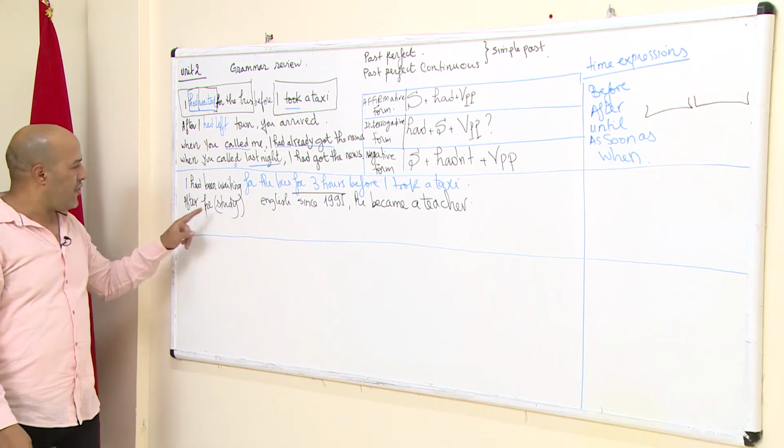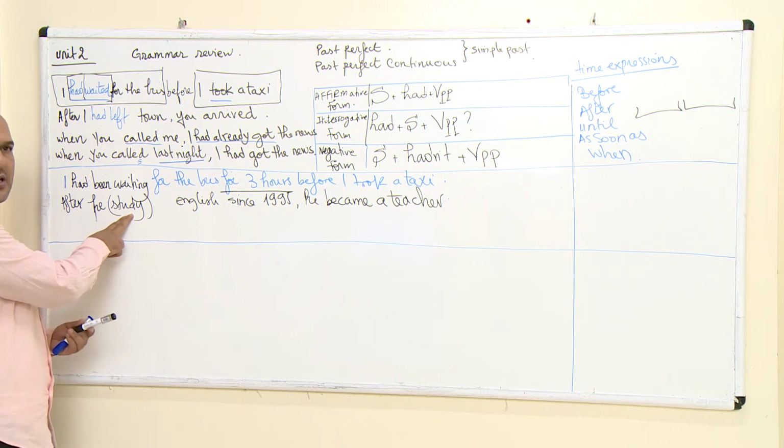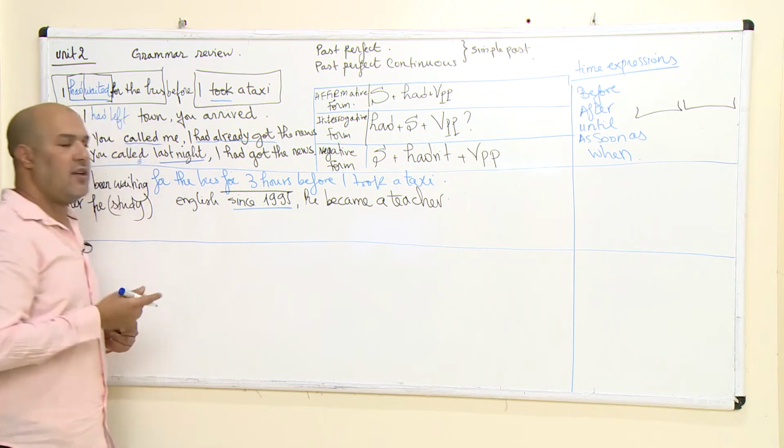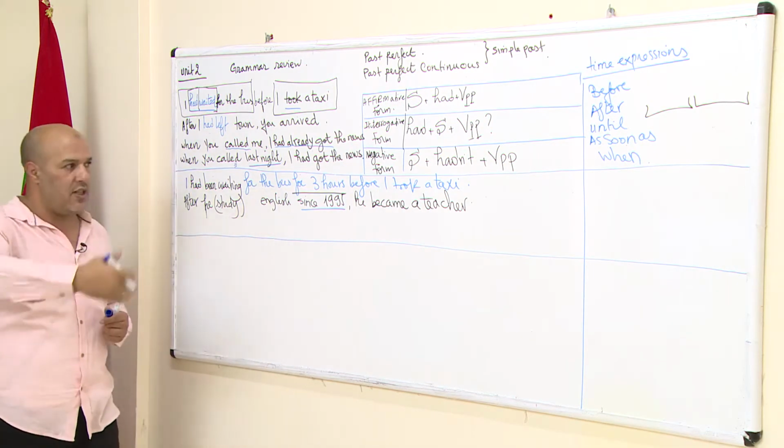So here we have after, so we say that after he studied, that means the past perfect, but there is a detail here: it says since 1995, that means from 1995 to now he's been studying.